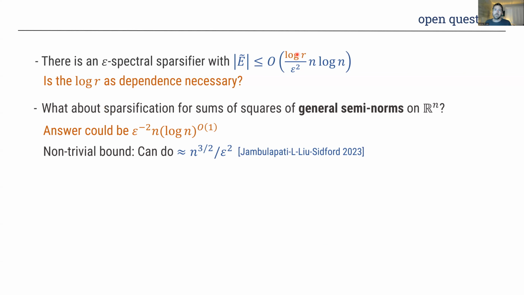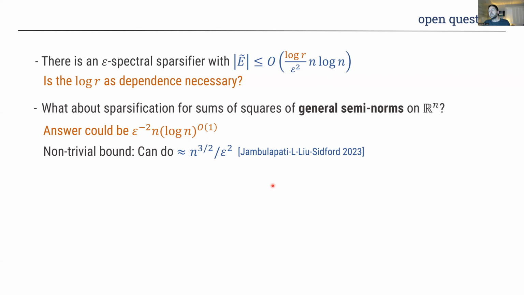Can you do that? Okay, well, that's the second open question here. Suppose that instead of looking at sums of these restrictions of L infinity norms squared, which is the hypergraph energy, you just look at a general sum of squares of seminorms in R^n and ask, can you sparsify that down to a near linear number of terms?